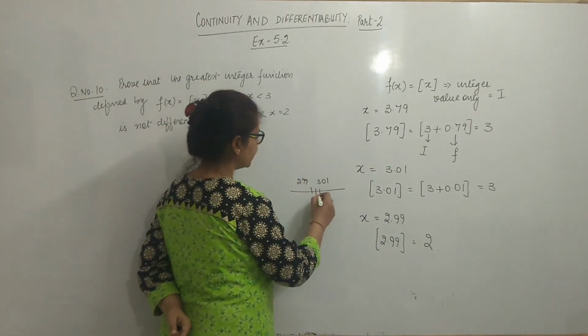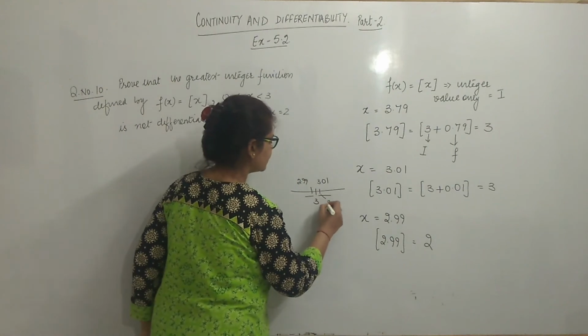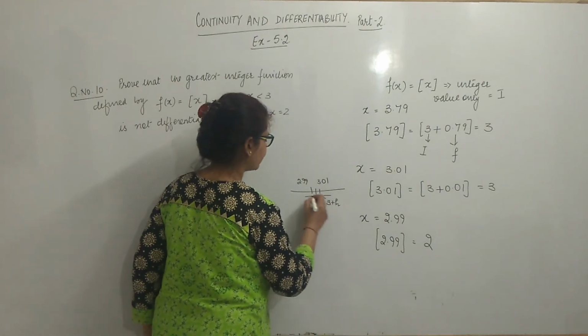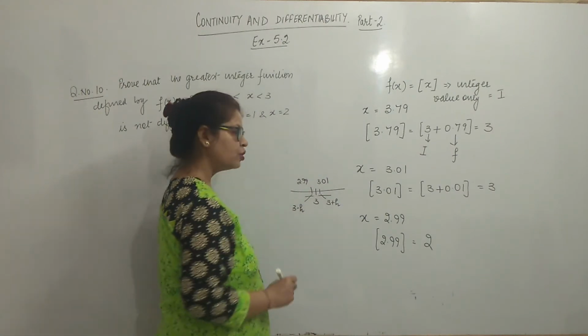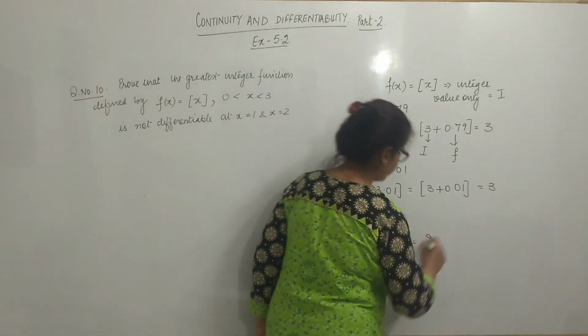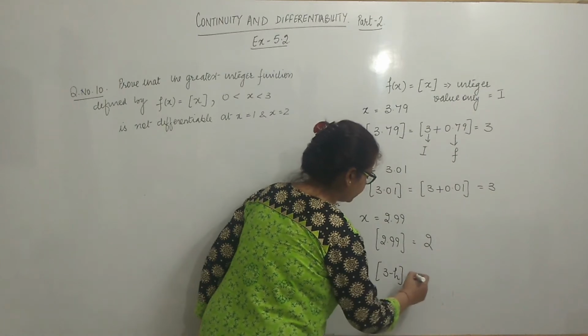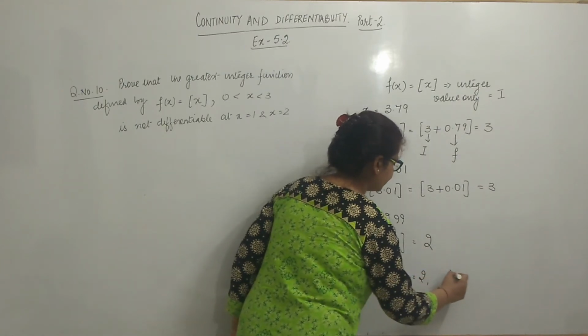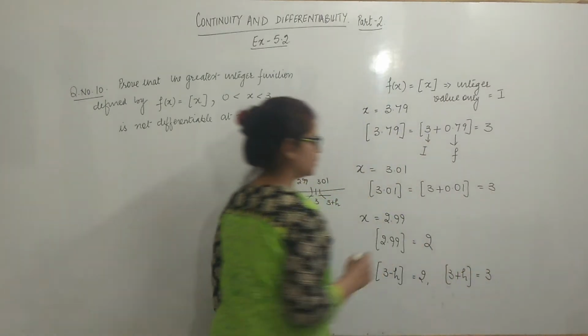But both integer values are different. You can say this is 3 plus something and you can say this is 3 minus something. So in variable form, if I put integer value of 3 minus h, then it will be 2. And integer value of 3 plus h, it will come out 3.